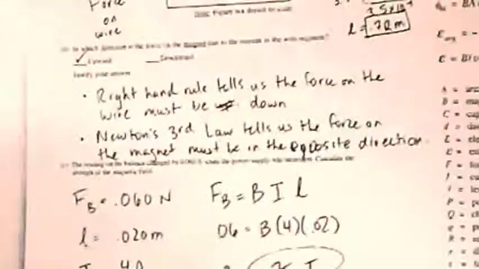Let's look at part E. Suppose the loops are correctly placed perpendicular to the field and the following data are obtained. Describe a likely cause of the discrepancy between the data and the theoretical relationship. There are two things to think about here, why the force might be less than the predicted value. And what we want to do is go back to our setup and think about this setup.